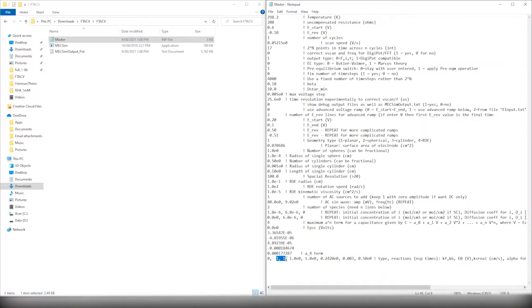For your number of species, here we have 2, but this would easily become 3 if you increase the number of species to 3. Your chemical reaction forward and backwards, your formal potential, your K0, and your alpha. And generally what happens is you would simulate this and you would get an output.